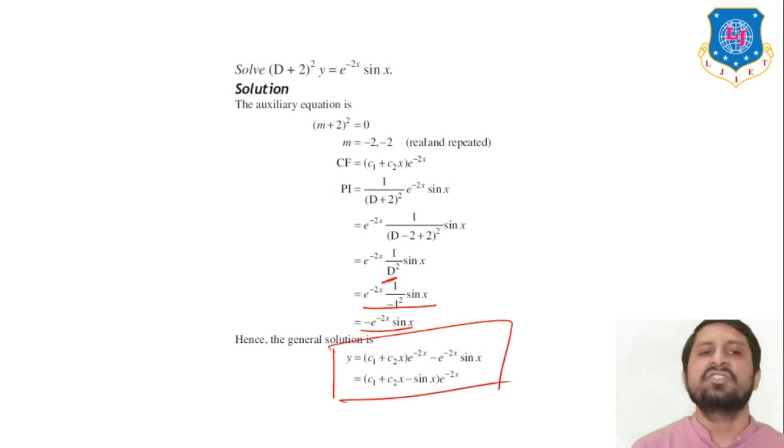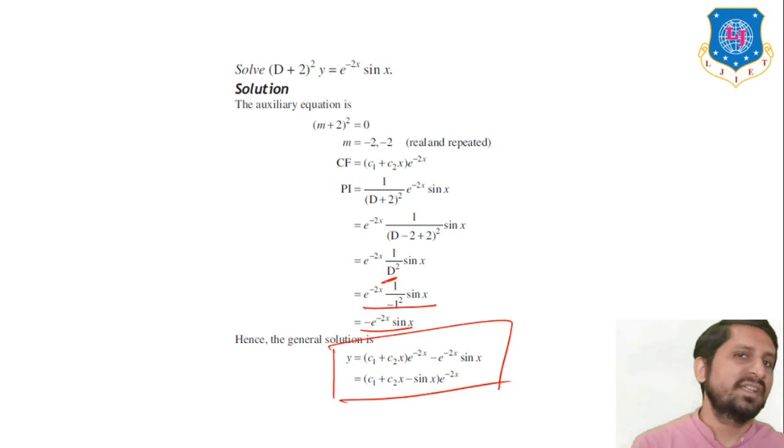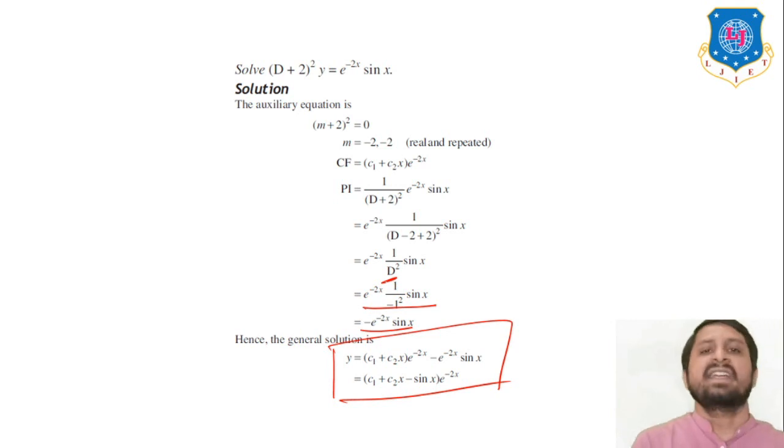So in today's session we discussed a very important shortcut method to find the particular integral for four cases. The first case is e raised to ax plus b, the second case is sin ax plus b or cos ax plus b, and the third case is polynomial, for which we use the binomial theorem. In the first case, instead of D we just take a. In the second case, instead of D square we have to take minus a square.